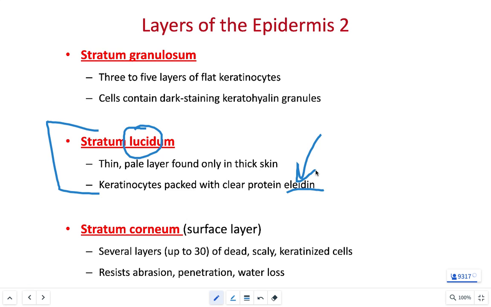Now, when we look at the stratum corneum, its thickness depends on the tissue type we're looking at. With thin skin, our stratum corneum can be about 5 to 15 layers of keratinocytes thick. But for thick skin, it is very common to have 30 layers of squamous cells within the stratum corneum. The stratum corneum is also responsive.